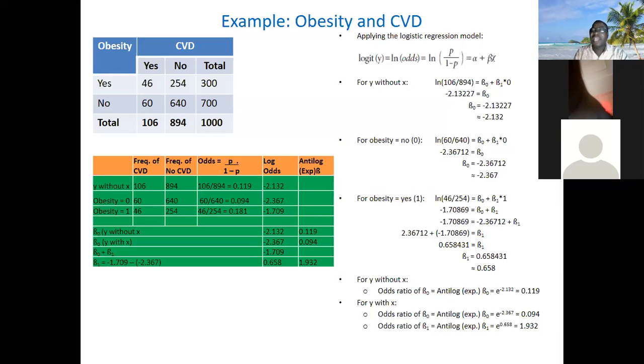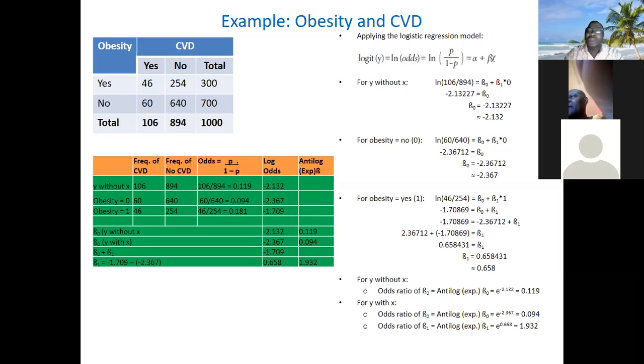If it is not there, it's no, that is 0. So that one is difficult to plot, because it cannot follow a normal distribution.